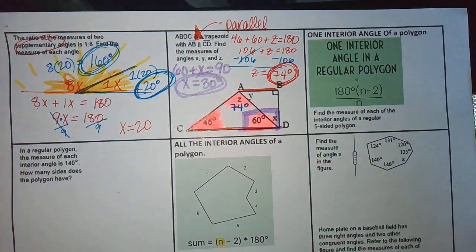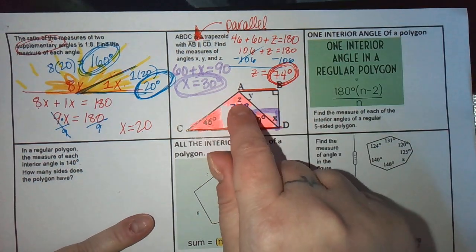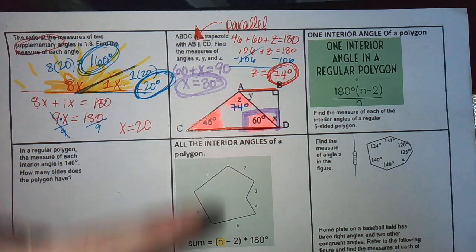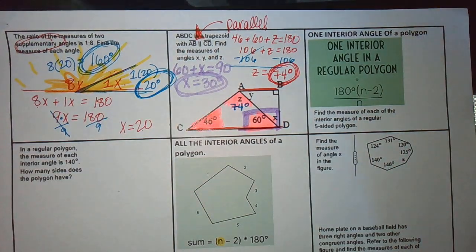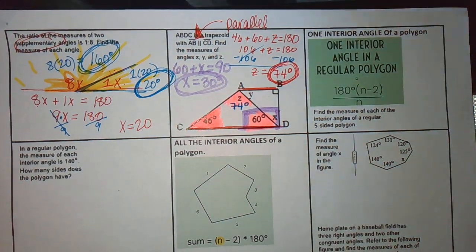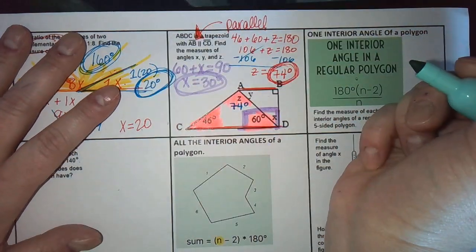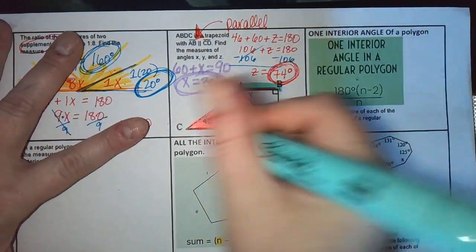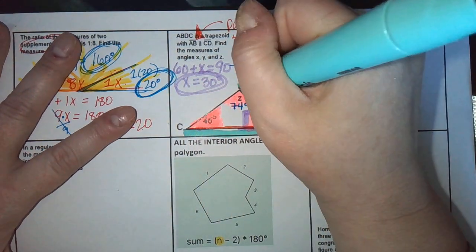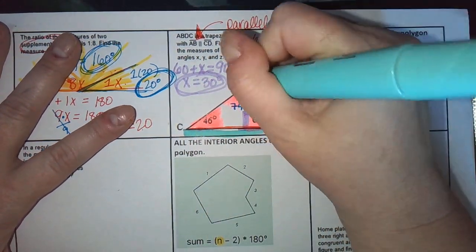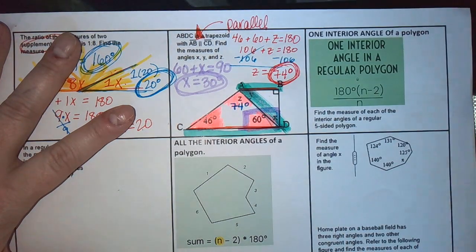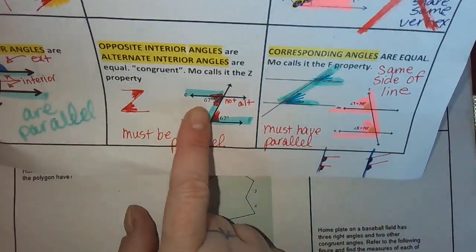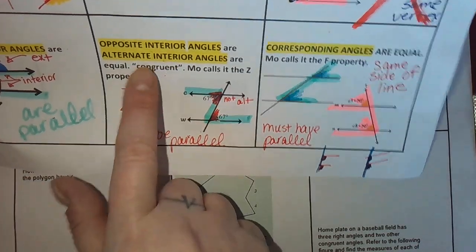Now all we have to do is figure out this y. Some of you might be thinking, oh, well, we just subtract that 74 from 90 again. No. To figure out this y, we're going to use the z property. Let's look for the z property. Here's the top of the z, the bottom of the z, the cut through of the z. Remember that z property, or alternate interior angles, are equal or congruent.